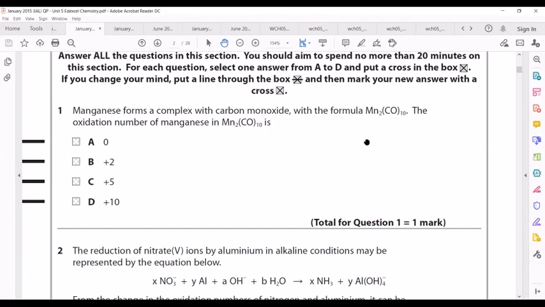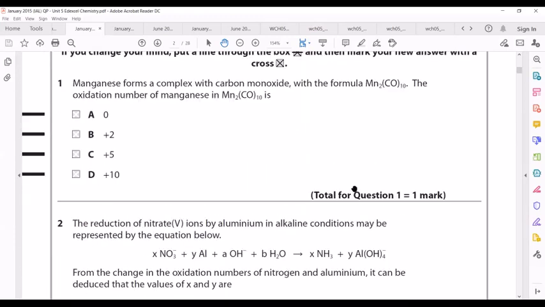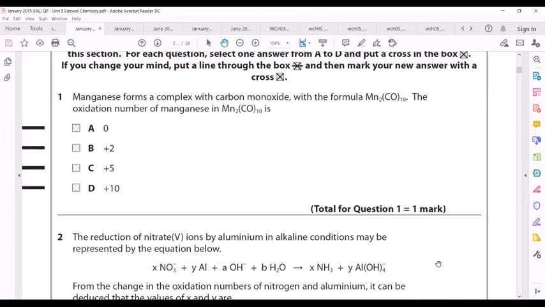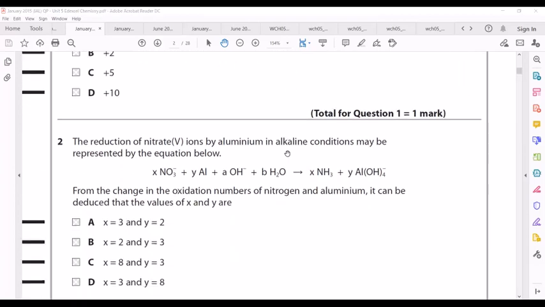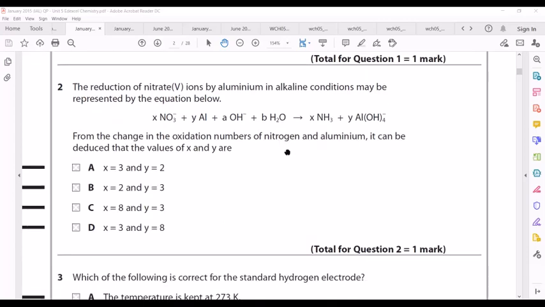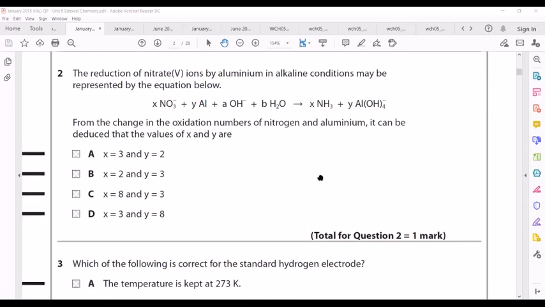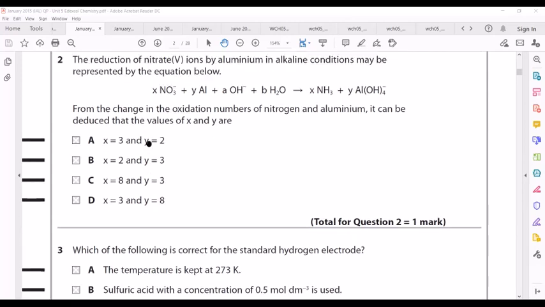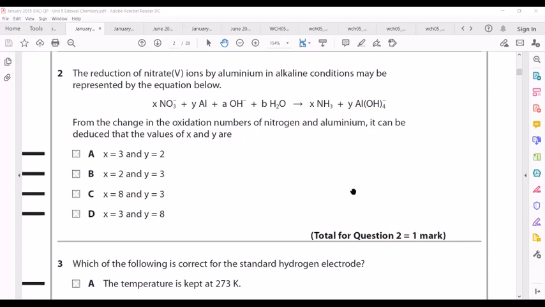Some questions, MCQs related to this. The reduction of nitrate(V) ion by aluminium in alkaline condition may be represented by an equation.